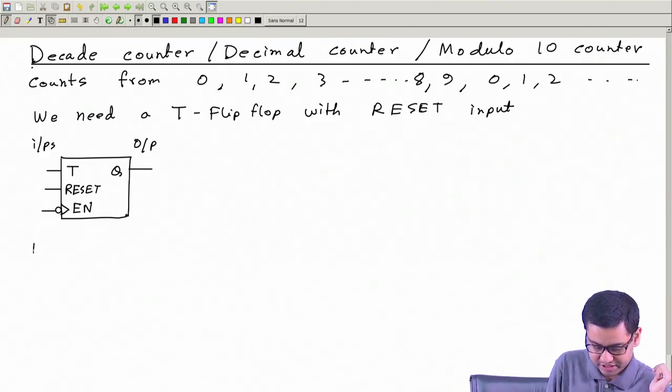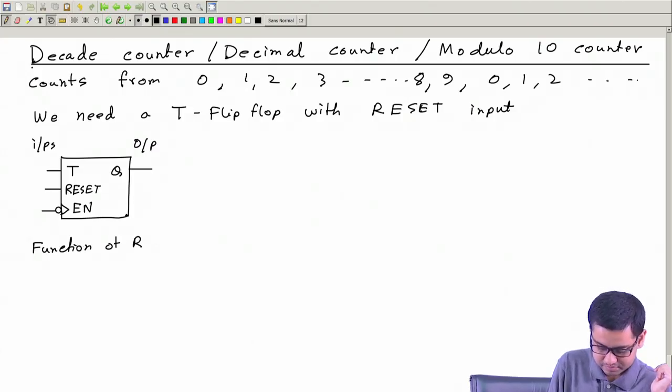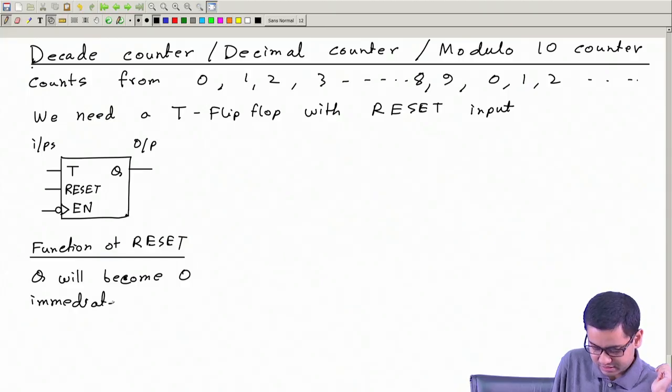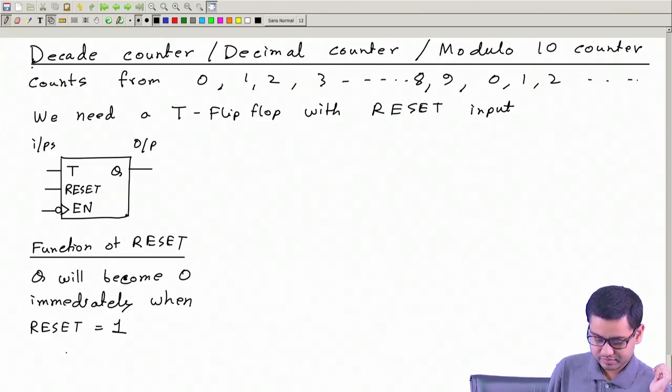What is the function of reset? Q will become 0 immediately when reset is equal to 1.